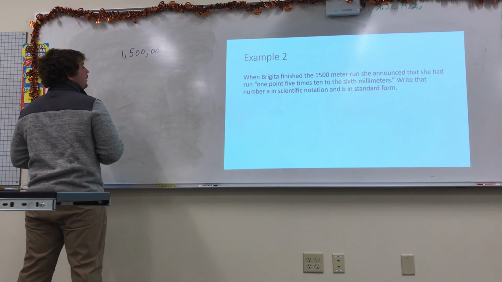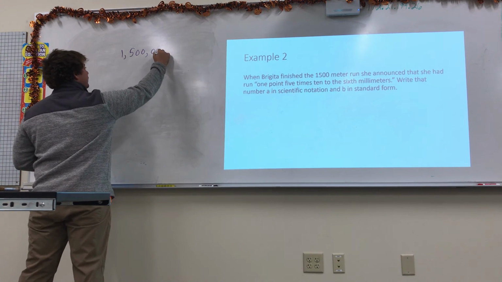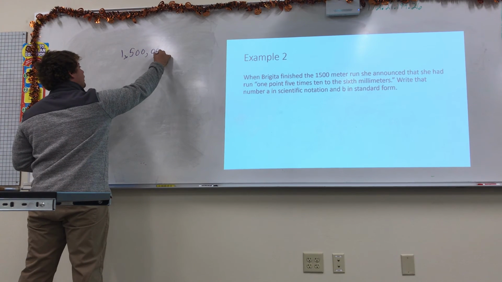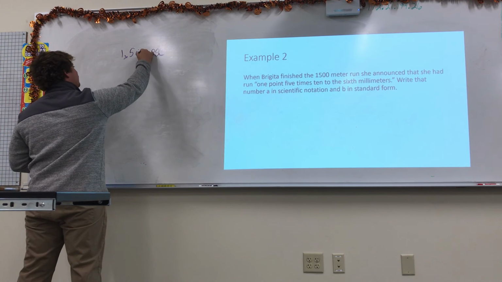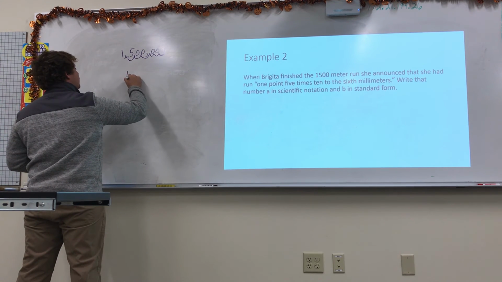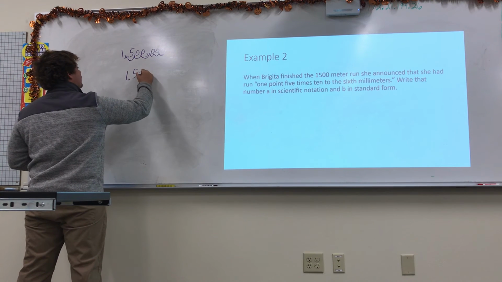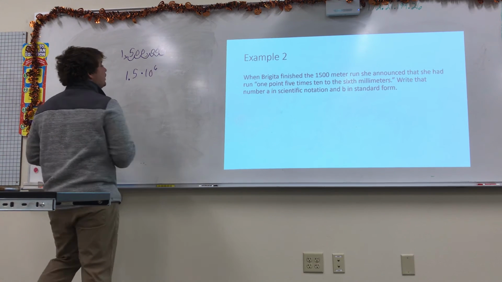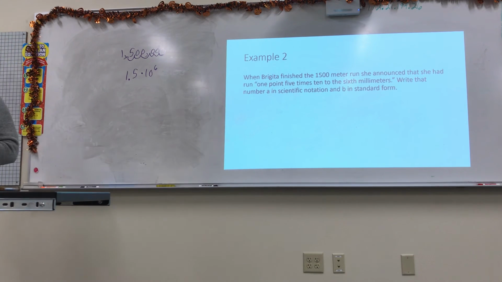To write in scientific notation, once again, I need my decimal point here. We were right here, so we're going to go 1, 2, 3, 4, 5, 6. So you'd have 1.5 times 10 to the 6th, which is exactly what she said.